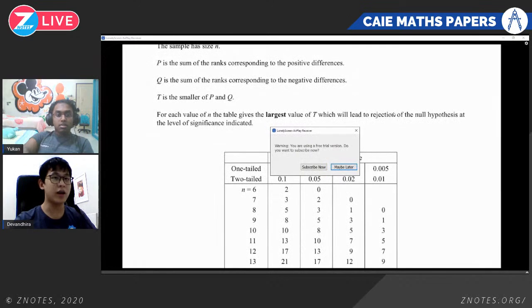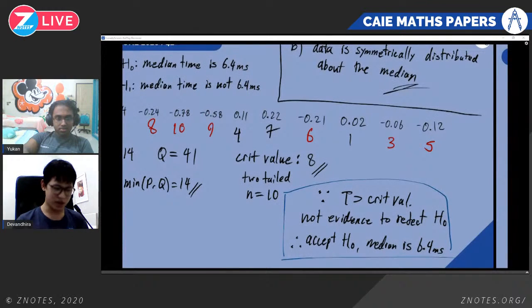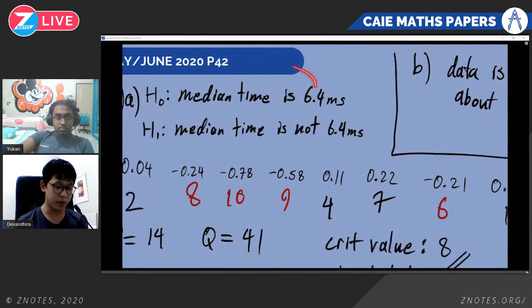So anything higher than that will not get rejected. Agree, Yugen? So only in this chapter, if the test statistic is greater than the critical value, you don't reject the null hypothesis. That means we accept our null hypothesis, and the median time is 6.4.